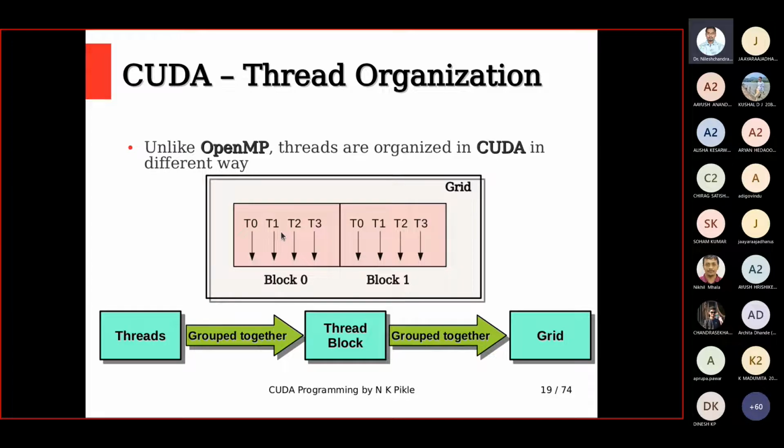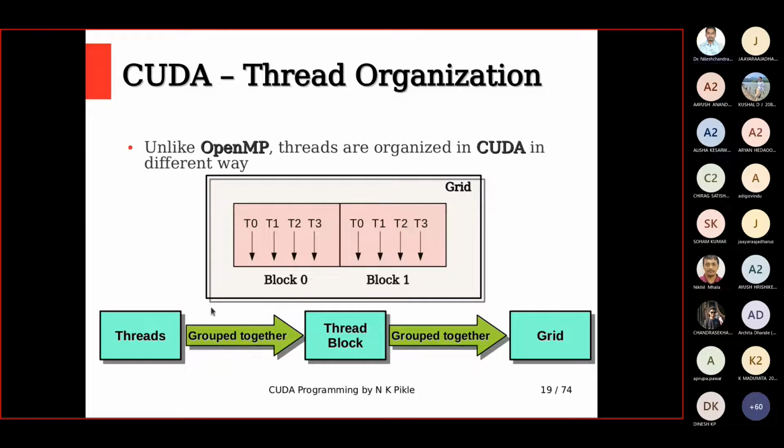And we can retrieve all these identities using built-in CUDA variables, right? How to retrieve that and why it is important, we will see with some examples. But as of now, the key takeaway from this slide is threads are grouped together to form a block, and blocks are grouped together to form a grid. The next statement is every thread has an ID, and every block also has a unique ID.